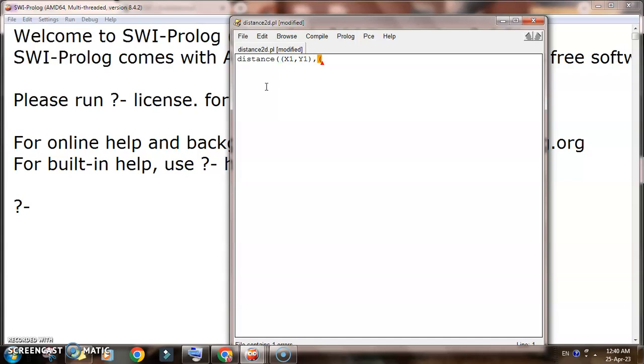Then comma, x2 and y2 from the user. And then I am displaying the result, suppose. So this is my predicate, and I will write a rule now.